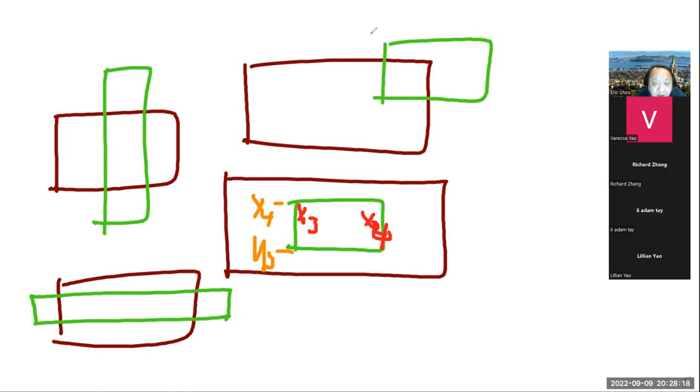In this case, the area is the total area minus the green area, right? Yeah, it is totally contained by.